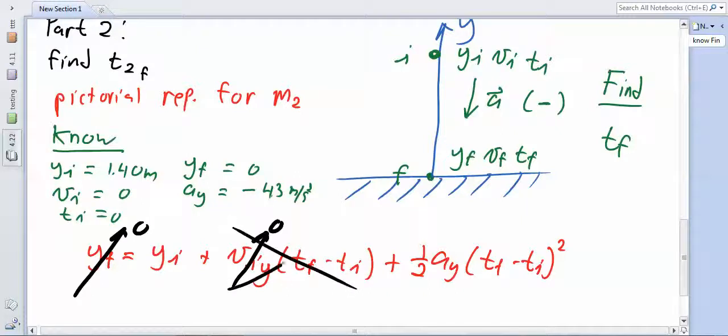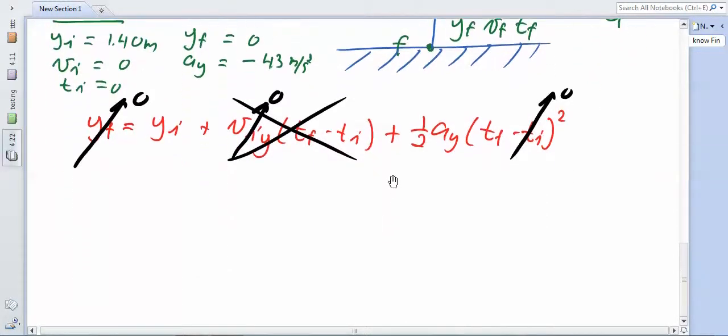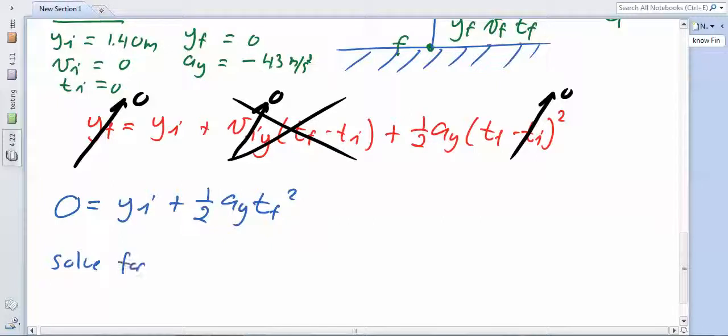So that means that this whole second term goes away, and the value of t initial is equal to 0. All right, so we'll make a little more workspace here. So we have 0 equals y sub i plus 1/2 times a sub y times t sub f squared. So I want to solve this equation for the value of t sub f.